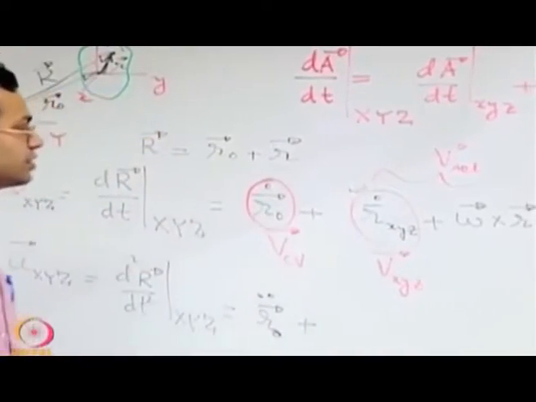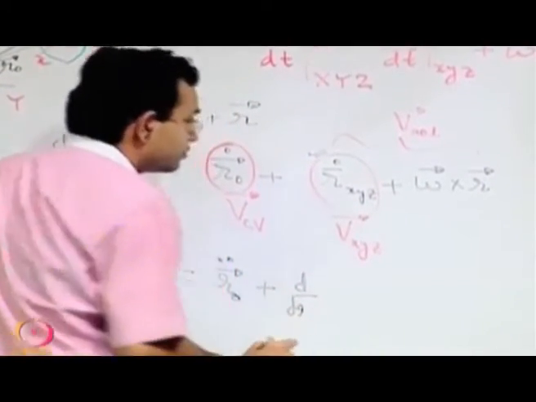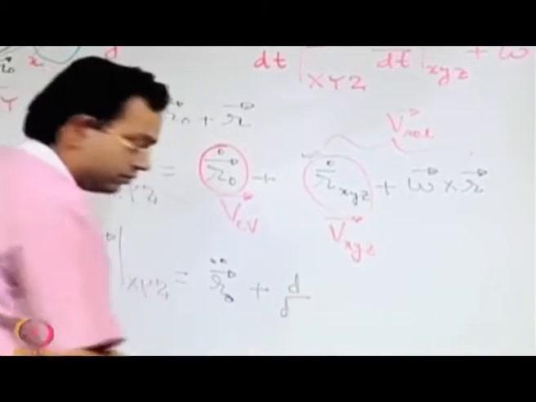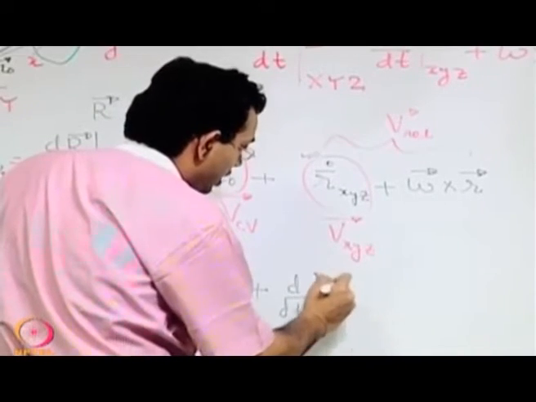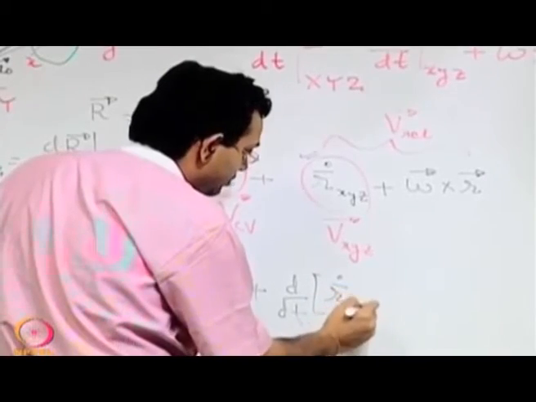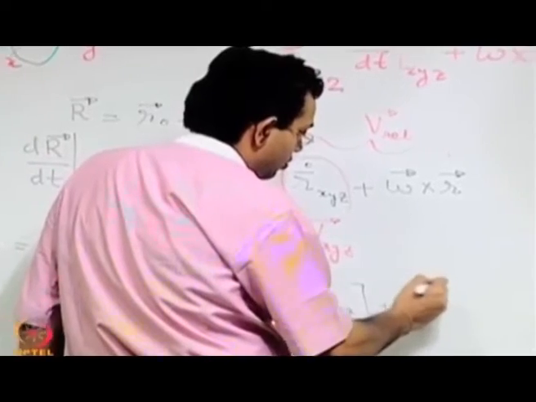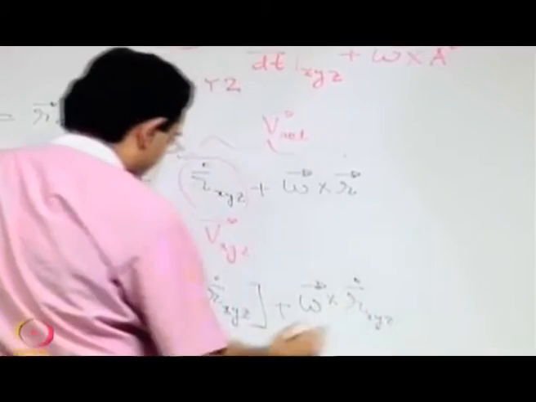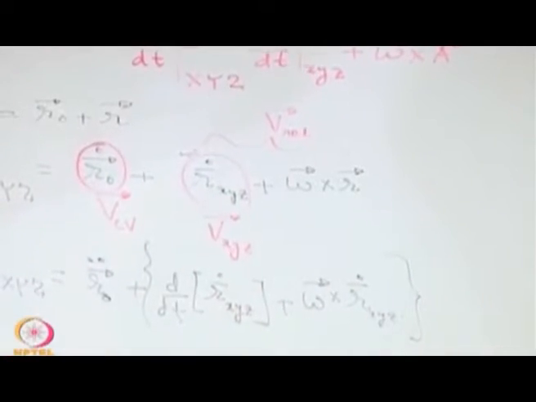So, what is d/dt of this one? That is d/dt of r dot small xyz plus omega cross r dot small xyz. That is for the second term.